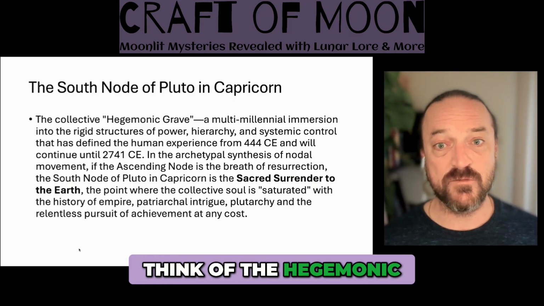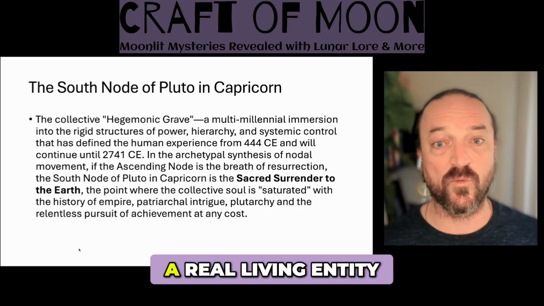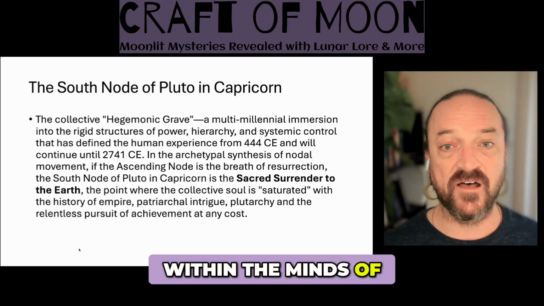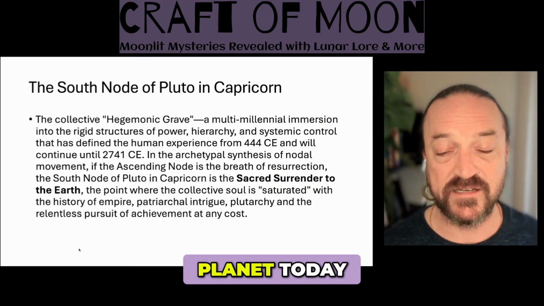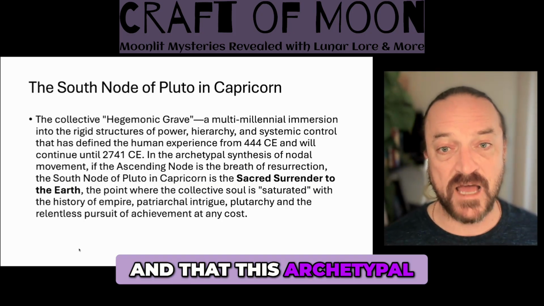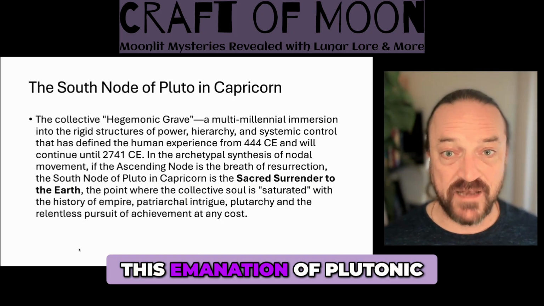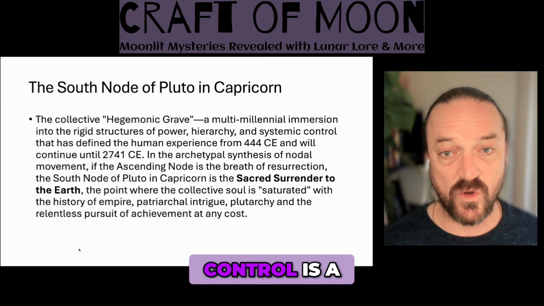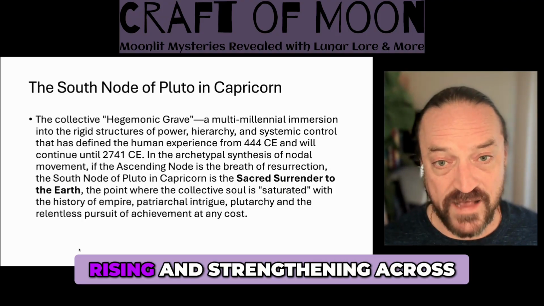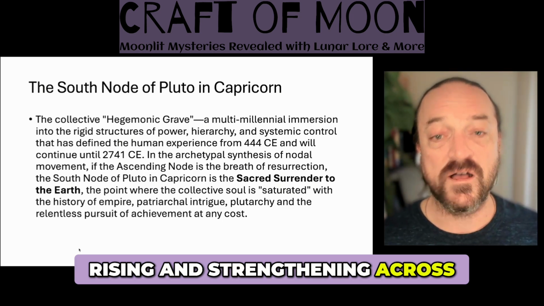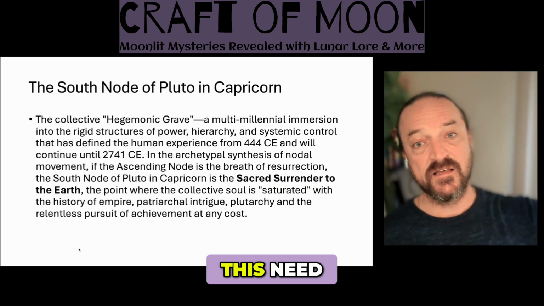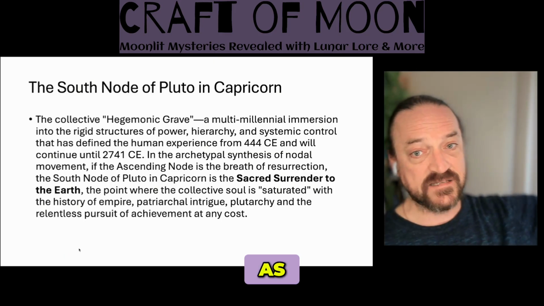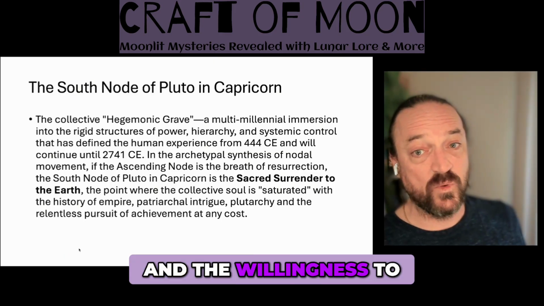We can think of the hegemonic archetype of Pluto as a real living entity within the minds of sentient beings on the planet today, and this emanation of Plutonic power and hegemonic control is arising and strengthening across the world because of this evolutionary need for safety, in the willingness to surrender freedom.